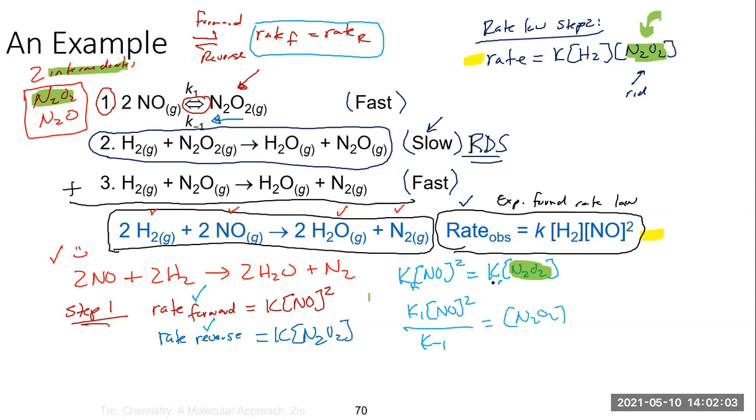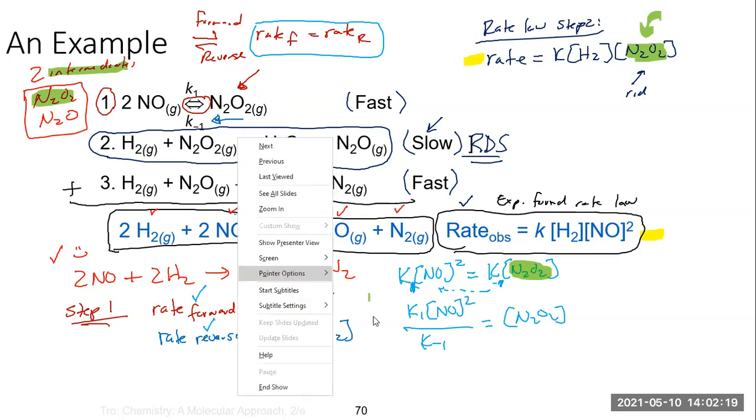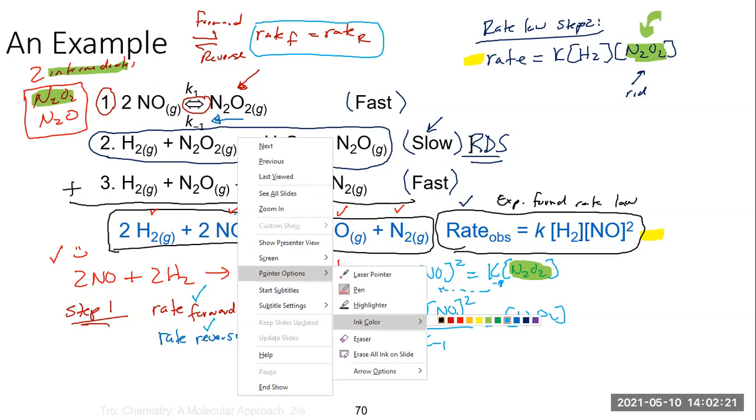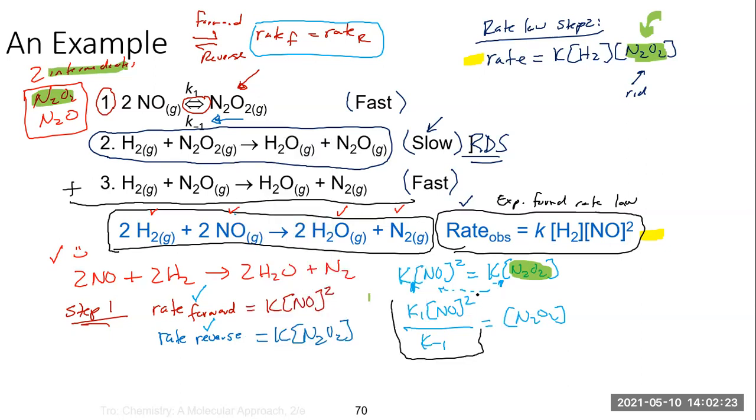I'm really just dividing this K value to the other side, basically. Any questions on that there? Now I have an expression that I could take and substitute into my original. I could take this entire thing because it equals N2O2 and put it right into there. Any questions on that so far?